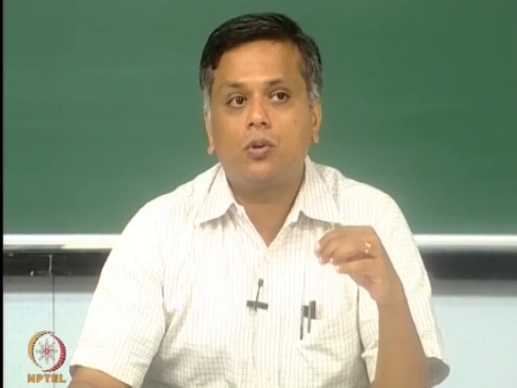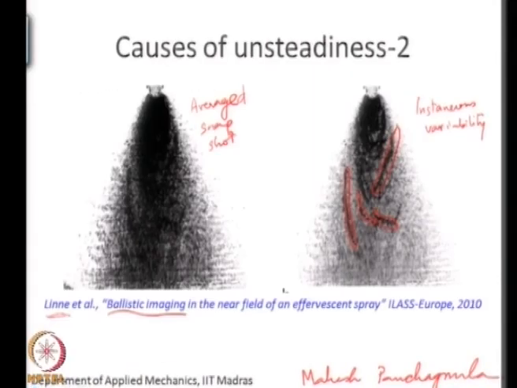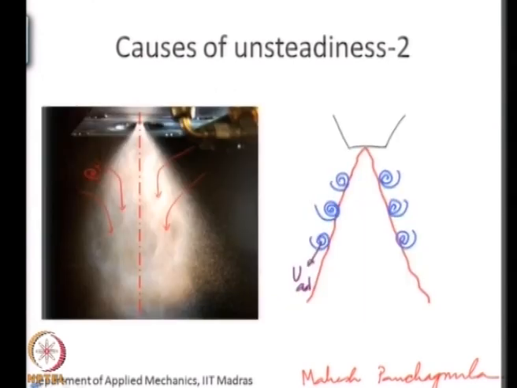If the response times are vastly different, then I am likely to get clustering due to size separation. This is a very simple model that helps us understand why you see a picture like this.